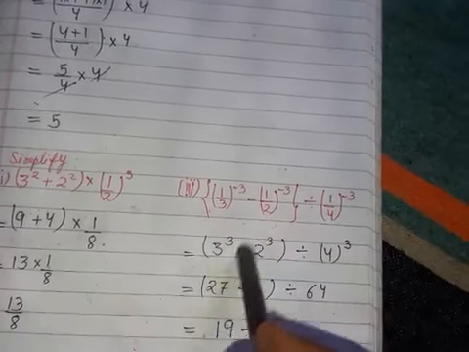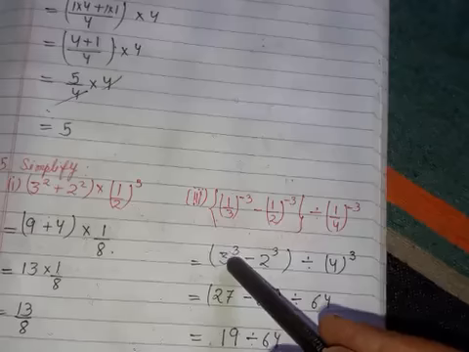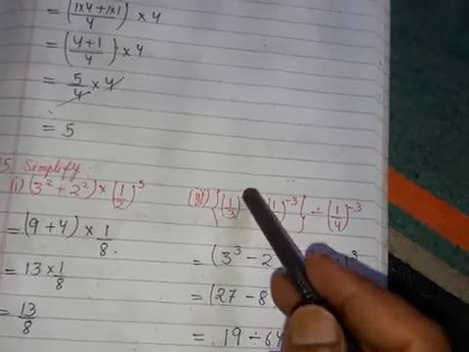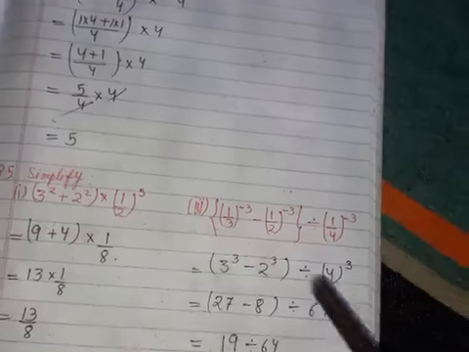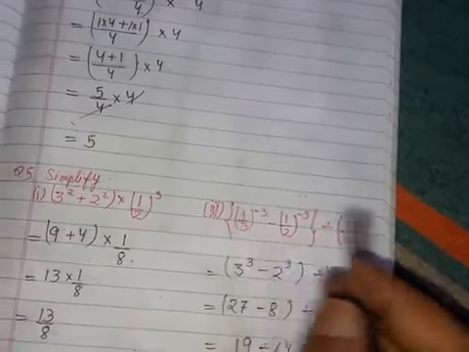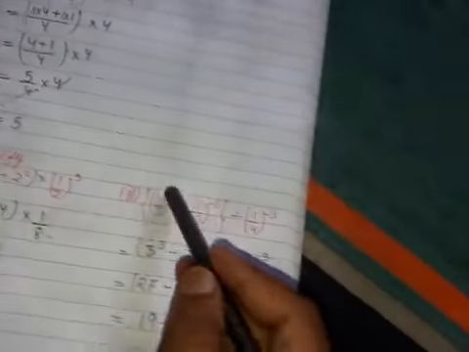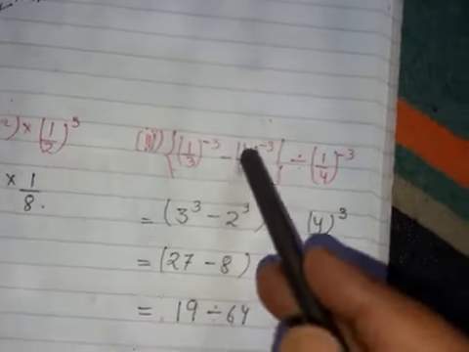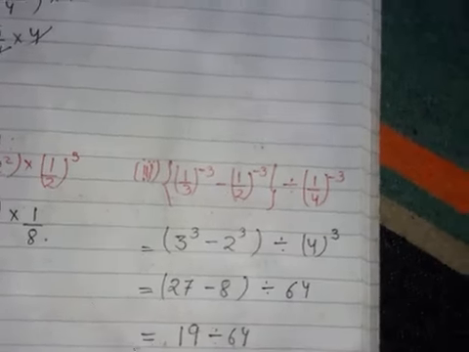So we write 1 by 3 to the power minus 3 means 3 to the power 3, because it is in minus, so we convert it to plus by using this formula, a by b. Here also 1 by 2 to the power minus 3 means 2 to the power 3.